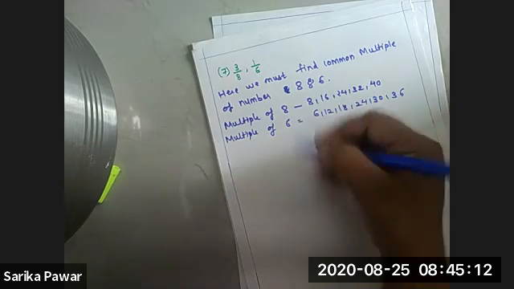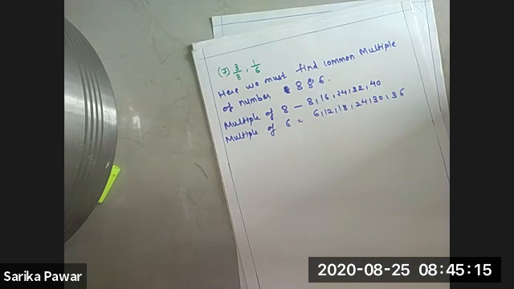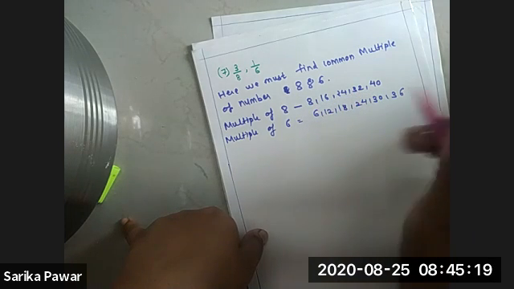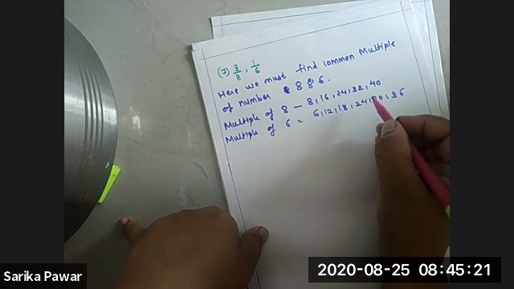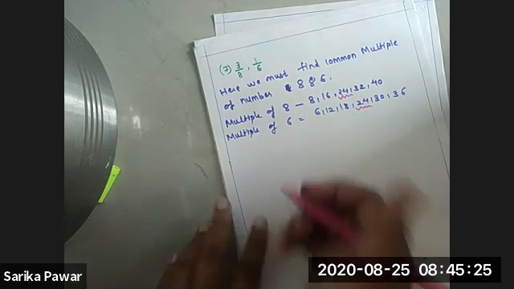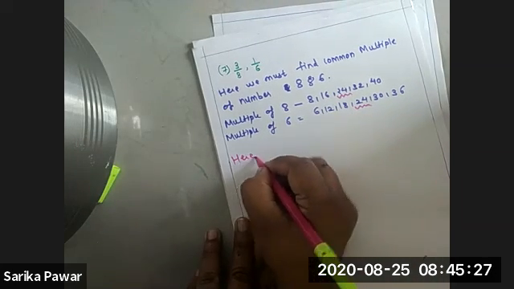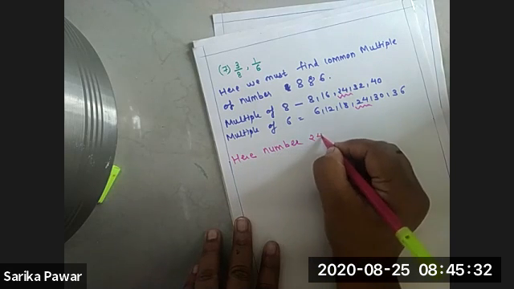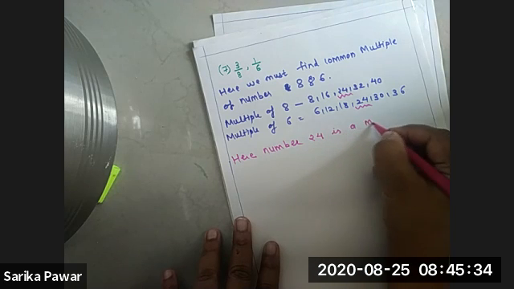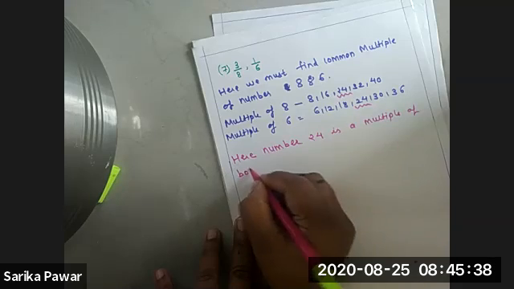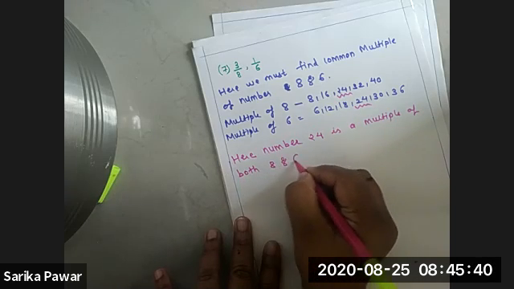See, find out the common factor from it. 8, 16, 24, 32, 40. 6, 12, 18, 24. See, 24. 24 is the common one. So what will I write here? Number 24 is a multiple of both, both means 8 and 6.